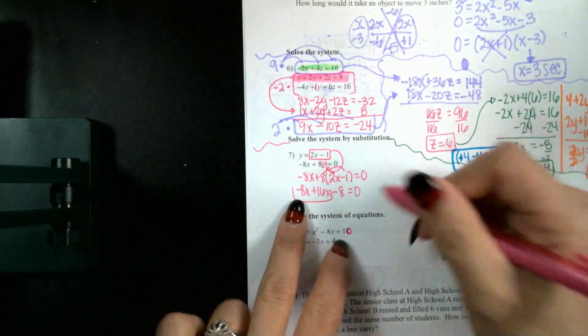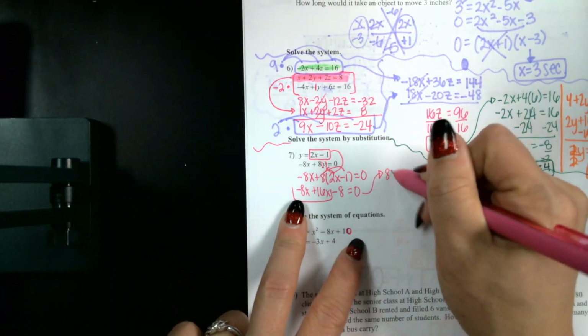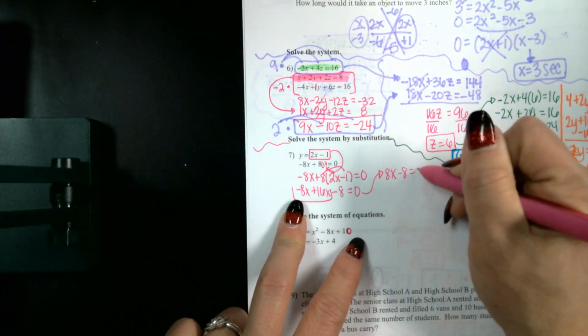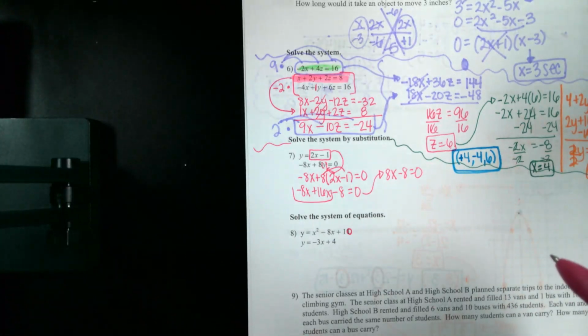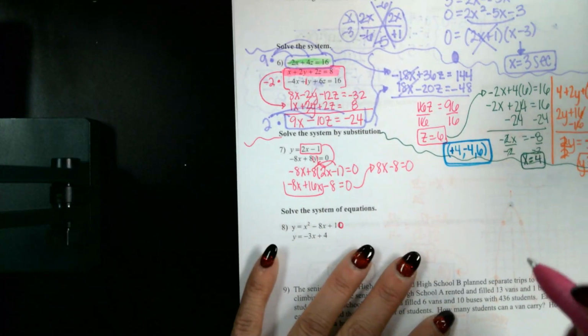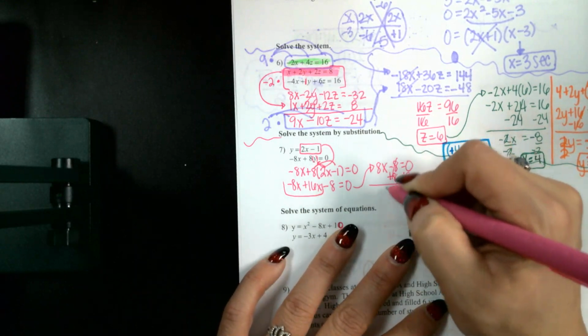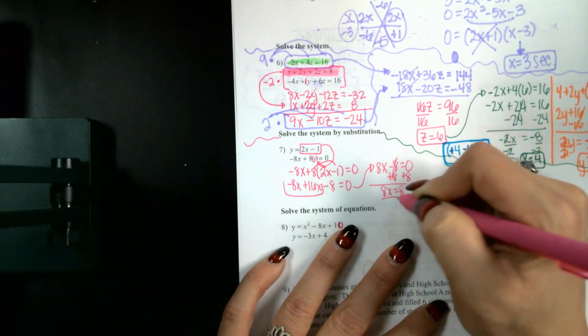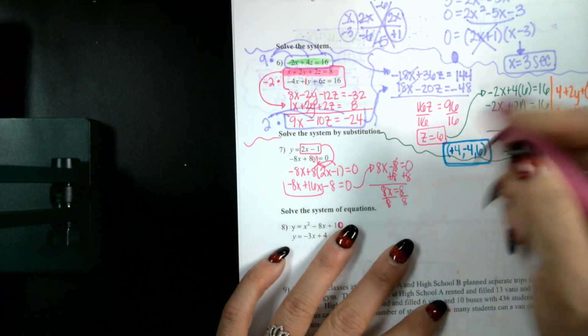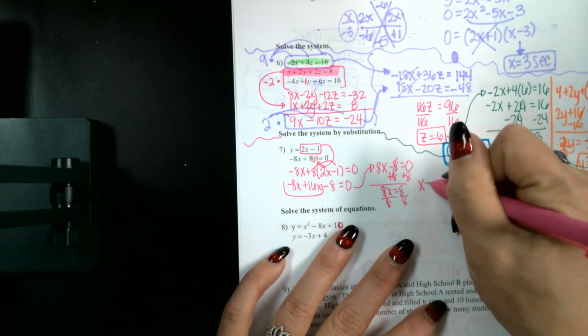So a negative 8x plus 16x is 8x. So you get 8x minus 8 equals 0. We'd add 8 and divide by 8. What is 8 divided by 8? 1.